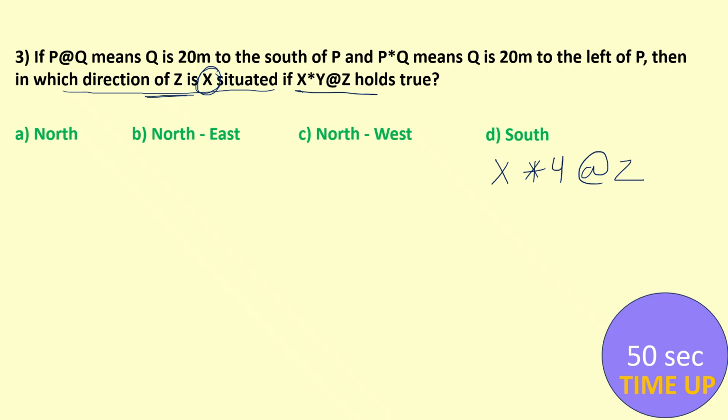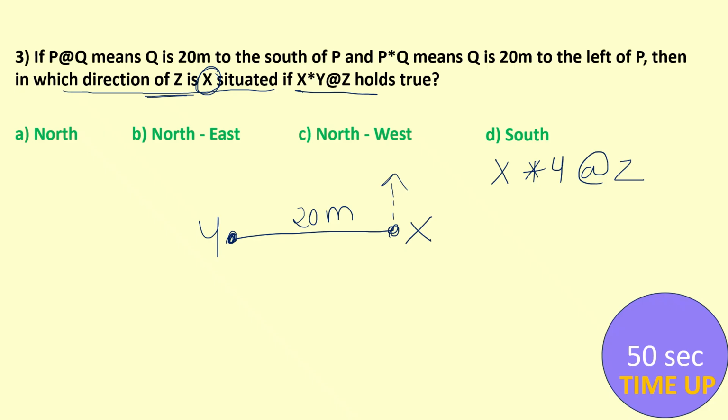So X star Y means Y is 20 meter to the left of X. So if I consider X is facing here in the north direction, then Y will be to the left of X at 20 meter.